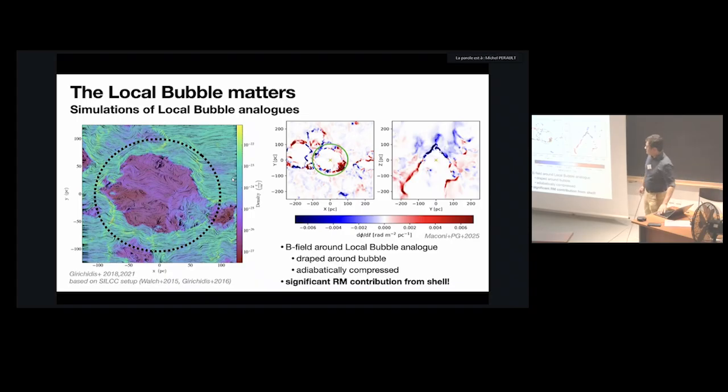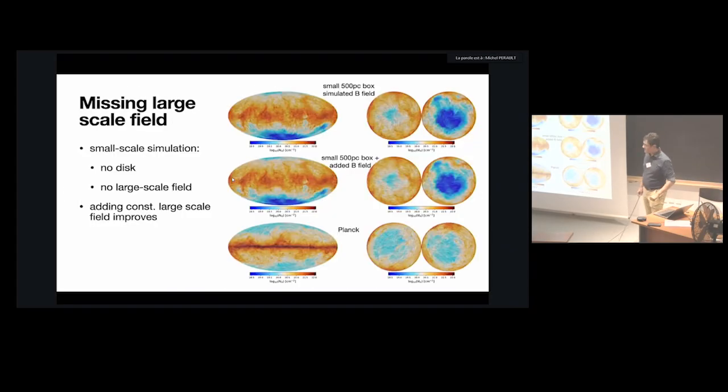This is fine, but it also has a few shortcomings. If we compare that directly to the Planck map, I told you that we see the large-scale magnetic field here. If we have a small box that is not the full galaxy, we're obviously missing the large scales.